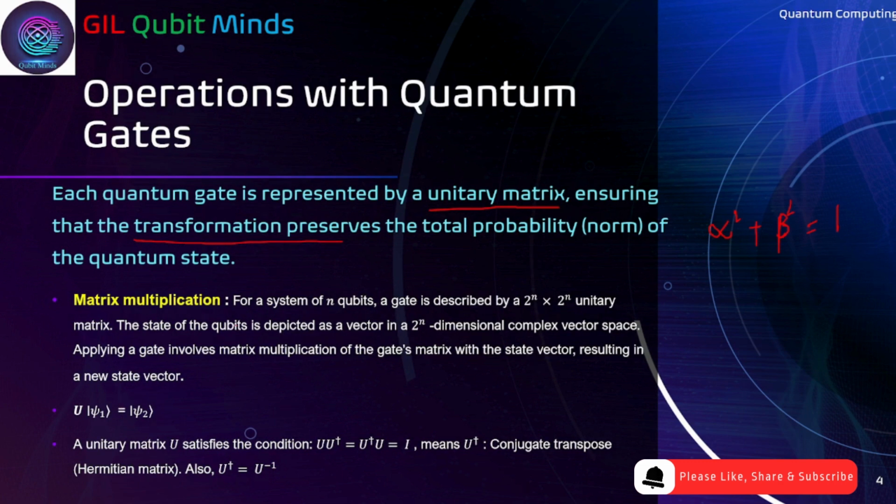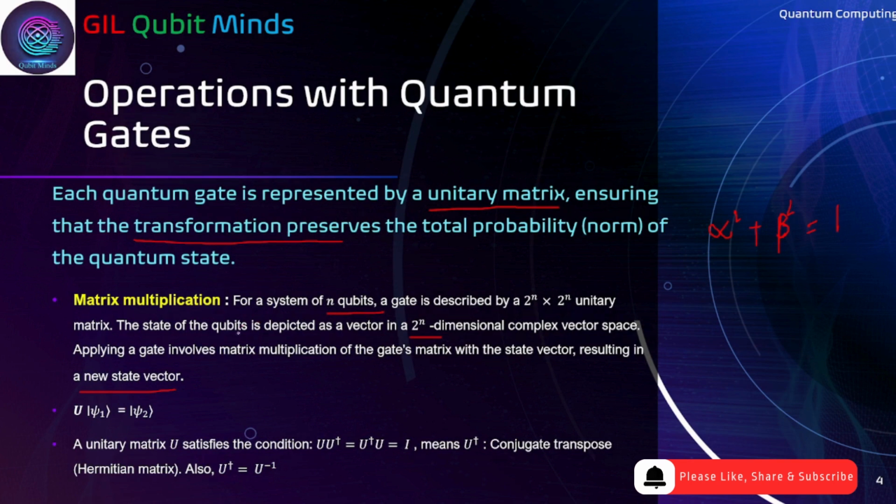In a generic way, suppose we have a system of n qubits and we are using a gate of 2 to the power n by 2 to the power n unitary matrix. If you multiply it with a 2 to the power n dimensional complex vector, then we'll get a new state vector.